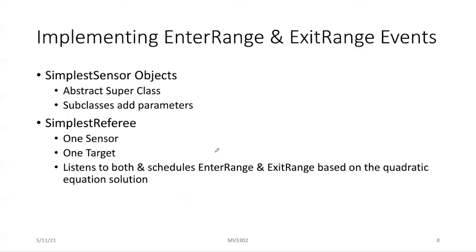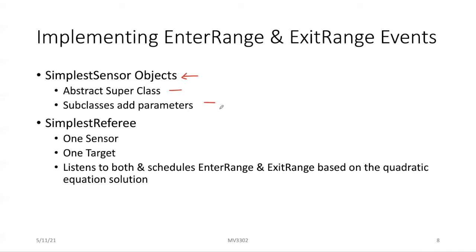Okay, so now let's look at implementing the enter and exit range events. As I said, we're going to start with the simplest sensor objects, and we're going to have an abstract superclass and then subclasses, which are going to simply add parameters.